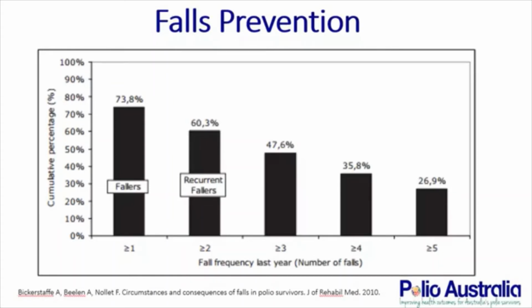Now, when it comes to falls, we need to appreciate those intrinsic variables of the person, the extrinsic environmental variables, and then also that inverted U-curve relationship between level of mobility and activity and fall risk. Essentially, with falls, we need to get to the bottom of why somebody is falling. We likely need to enact some kind of change. One of the big things we want to avoid are hip fractures.